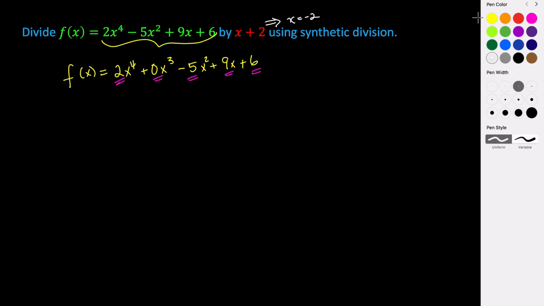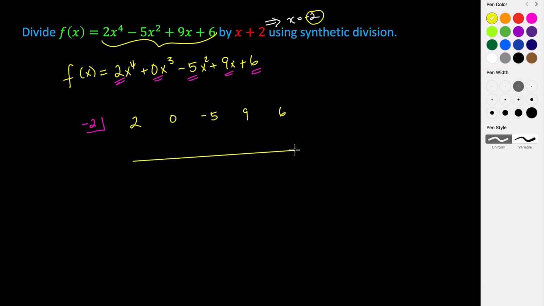So that means that negative 2, this value right here, is going to be what we divide into this polynomial function. So we have negative 2 here, and then copy down your coefficients. So we have 2, 0, negative 5, 9, and 6.